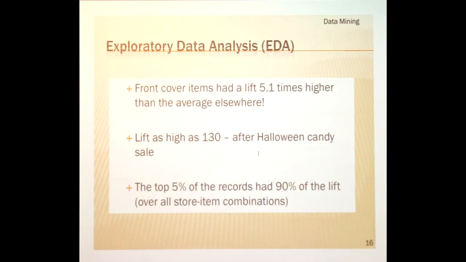Yeah, the front cover lift items would have a lift of 5.1 times higher than the average. The highest lift was about 130, but that was right after Halloween and the Halloween candy items. Most of the lifts would be between 5 and 15 or so. The top 5% of the records had 90% of the lift. So I'm trying to minimize pain, trying to minimize dollars overstocked and dollars understocked.